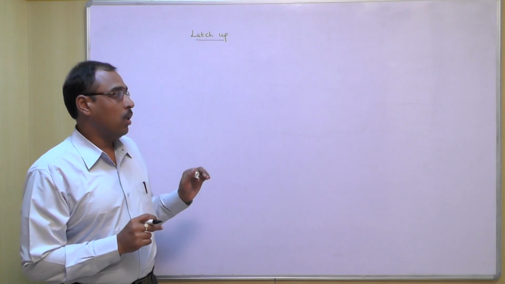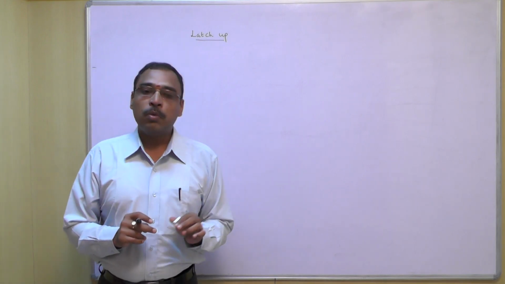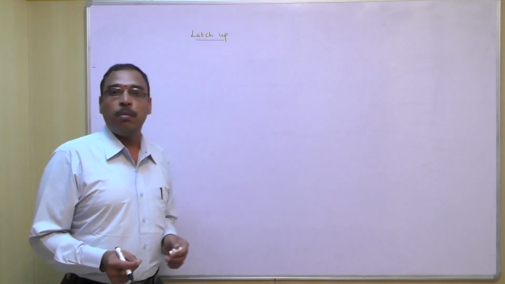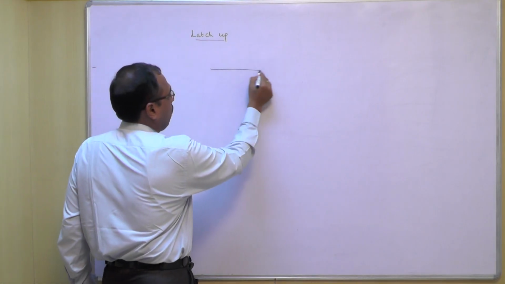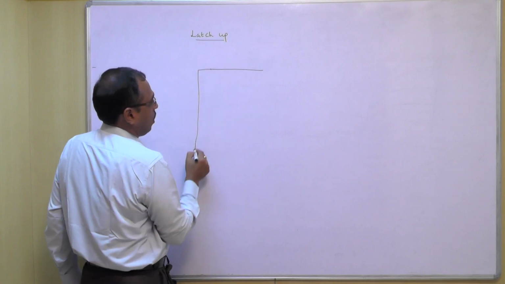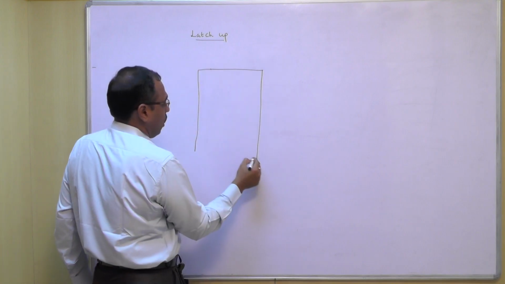Now we will see how the thyristor structure is formed inside the CMOS transistor. We know that a thyristor is an SCR.